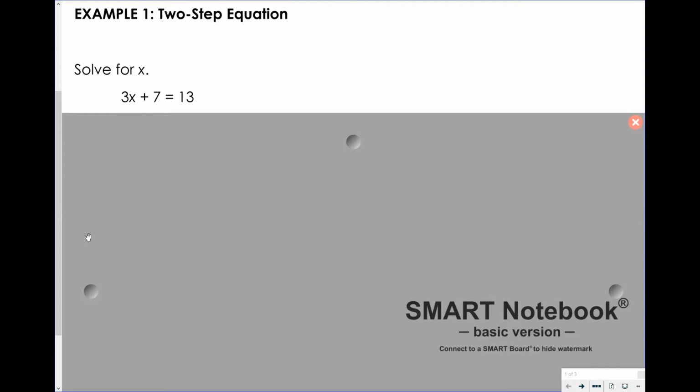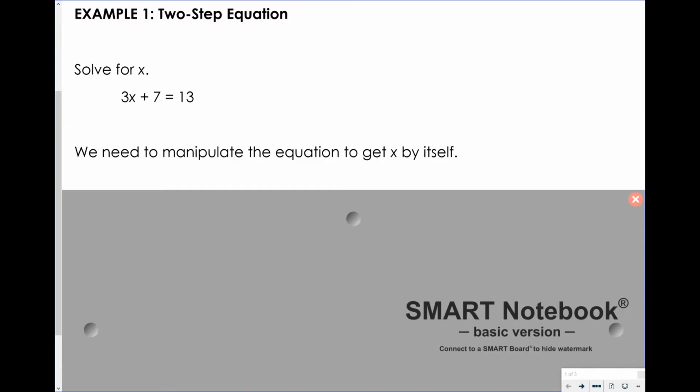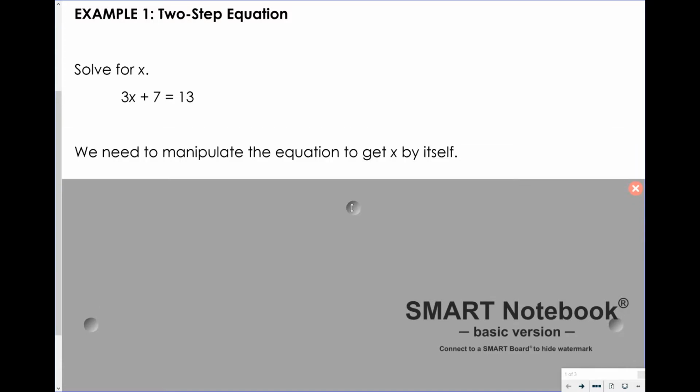Now, we need to get x by itself. Before we do anything, we need to get x by itself in every equation, ladies and gentlemen. In every equation that we do, we always need to get x by itself. And that's why I have this down here. We need to manipulate the equation to get x by itself.